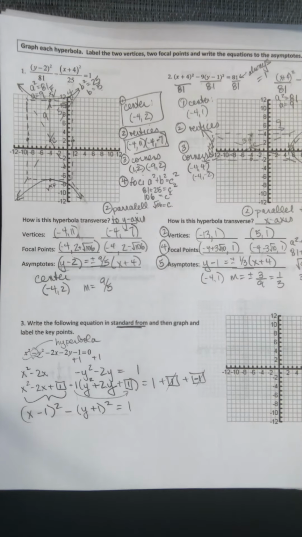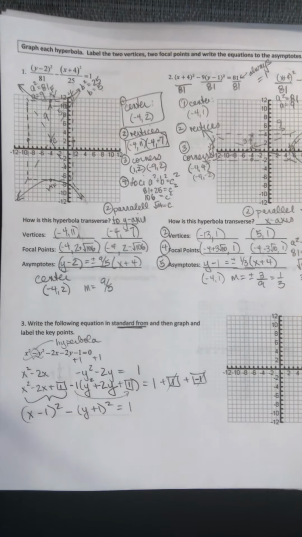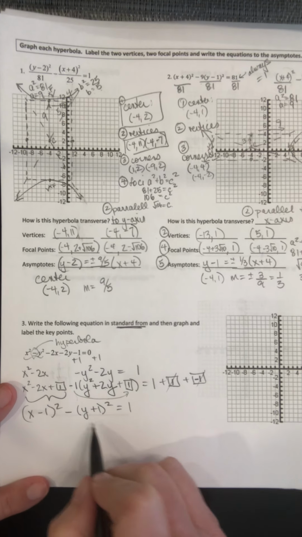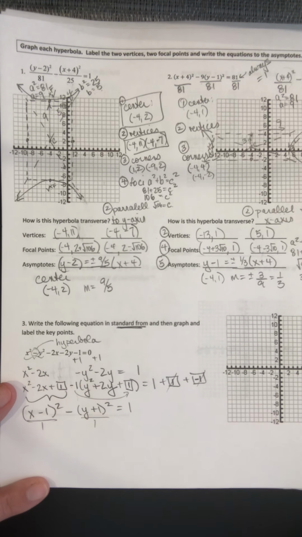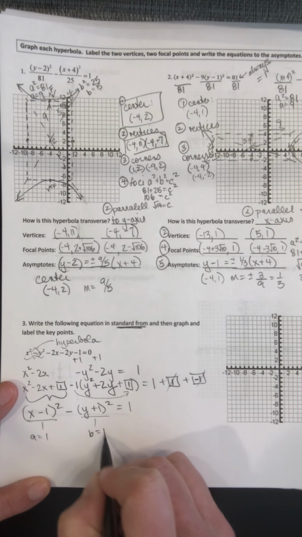Okay? So now it looks a little bit weird, because there are no denominators here, but they're both over 1, okay? So A is going to be 1, and B is going to be 1, okay?